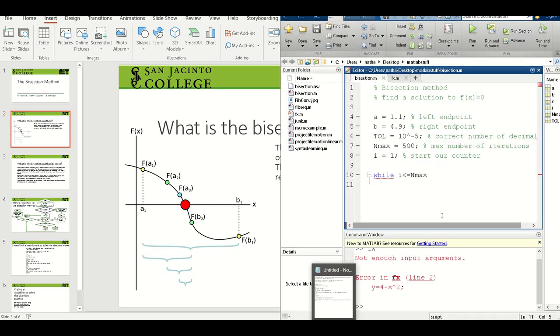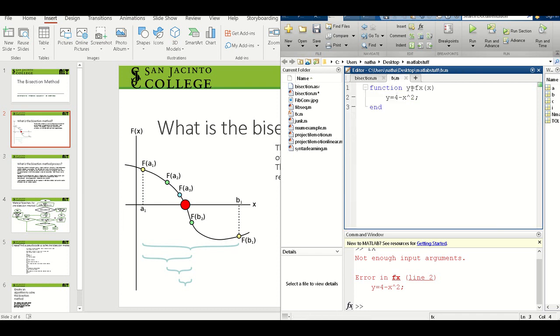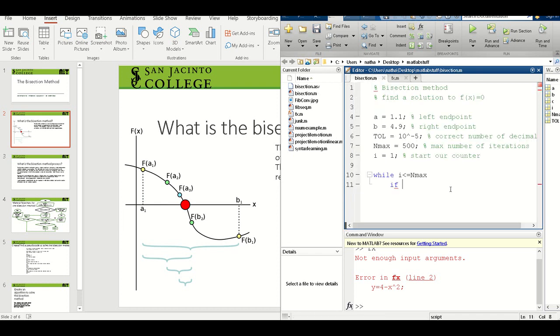So we're going to say something like if, and now look how I named this thing, fx, so that's what I'm going to call fx at a times fx at b is greater than 0, then they're both positive or both negative. And so then we have a problem. So we're going to display something like no root can be found, right?